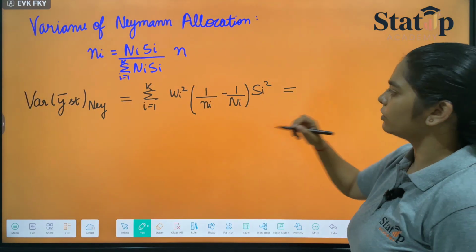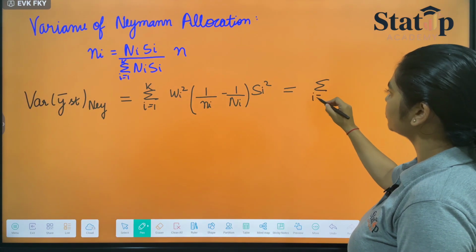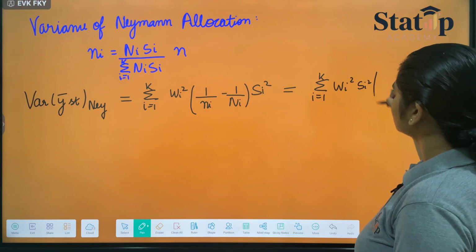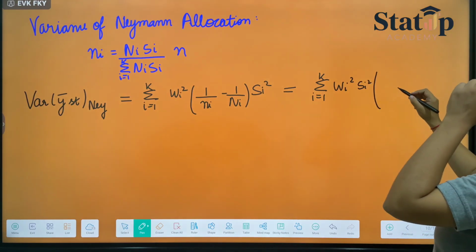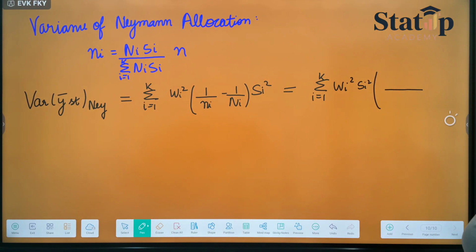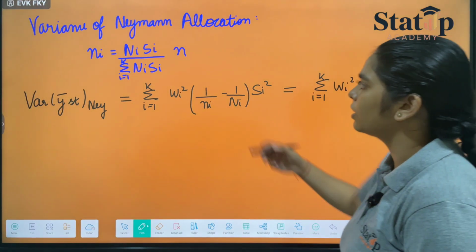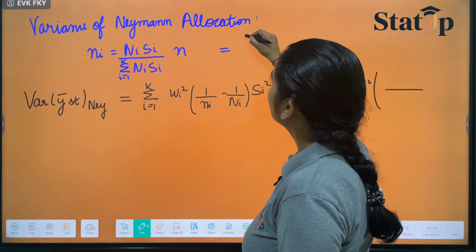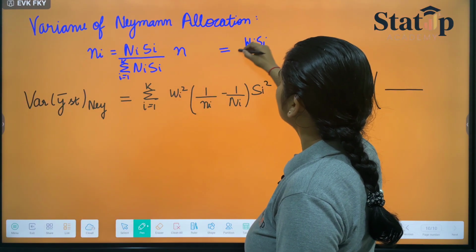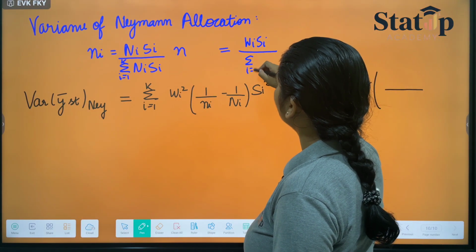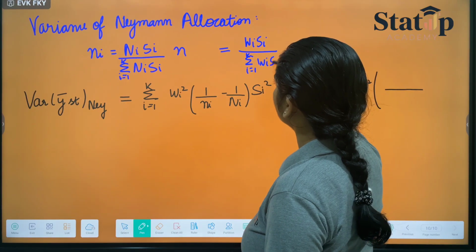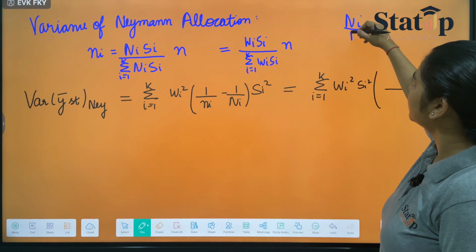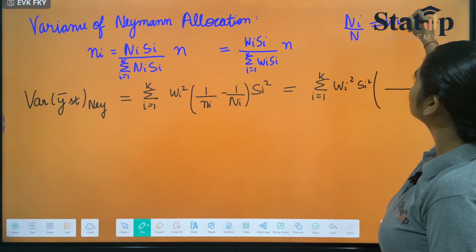Now substituting the value of small ni, we will get summation i goes from 1 to k Wi square Si square. Small ni is nothing but, now here small ni can also be written, if we divide above and below with capital N, we can also get Wi Si upon summation i goes from 1 to k Wi Si into n, because Ni upon N is nothing but Wi.